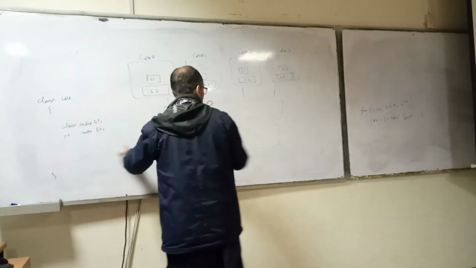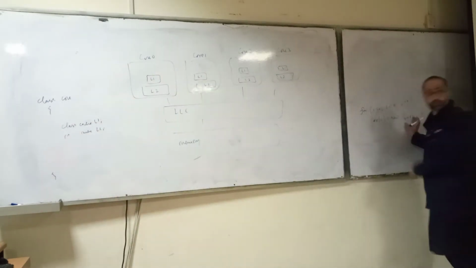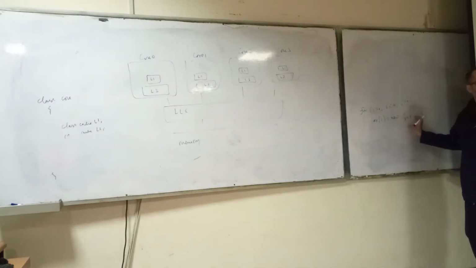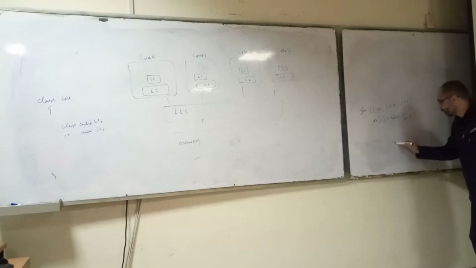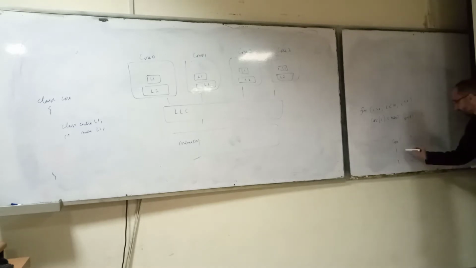Within the core constructor you can instantiate 2 caches: L1 new and L2 new. You are instantiating these.